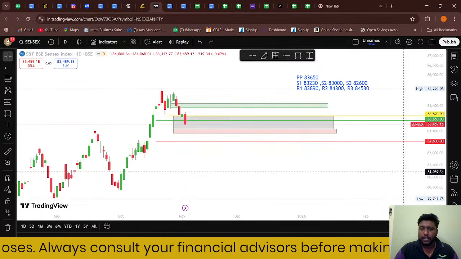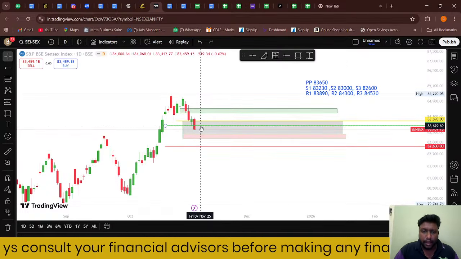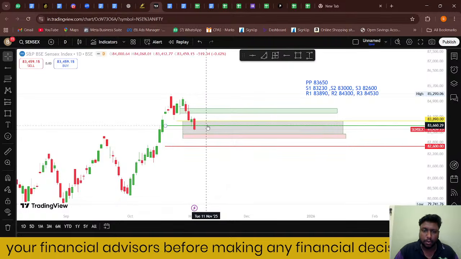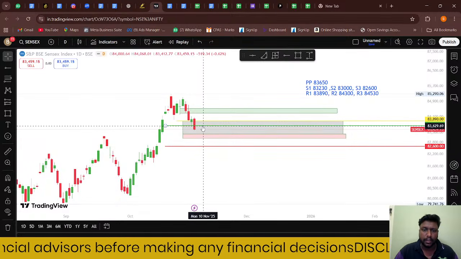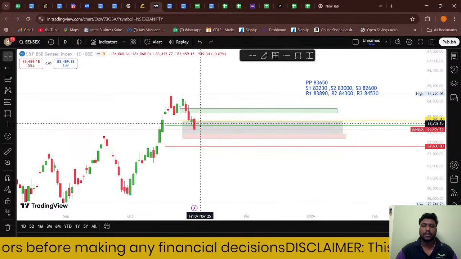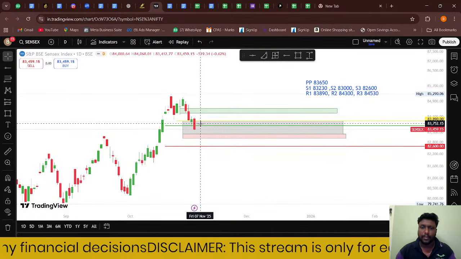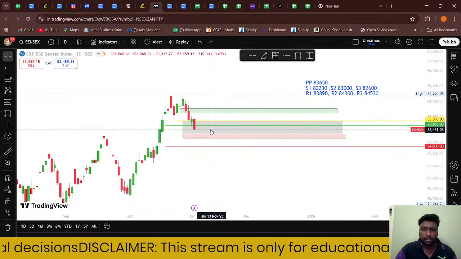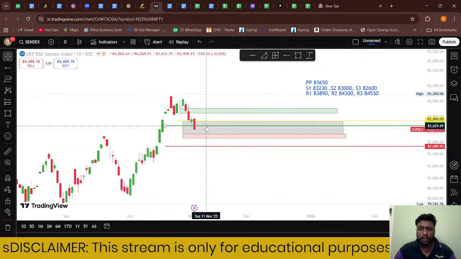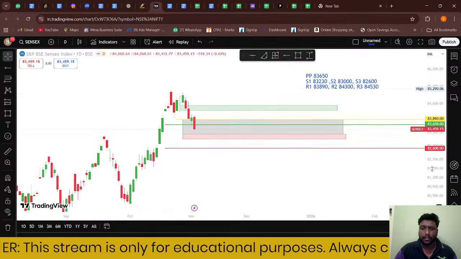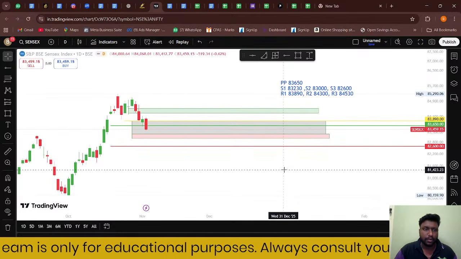So a bullish continuation can only be validated above this pivot point line which we have marked here in green. So any movement above this, and if it is retesting or reclaiming this level with a higher volume, can validate our bullish continuation. So as far as it is trading below this particular pivot point, then definitely we will go for the bearish view only.